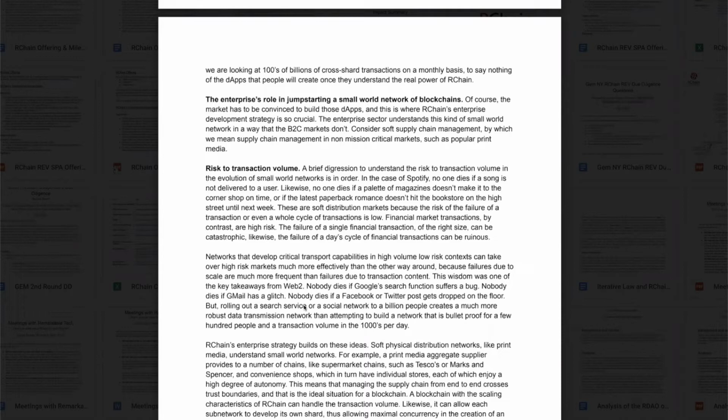So let's unpack that statement. What do I mean by soft supply chain? Softness is a qualitative term to describe the measure of risk to transaction volume. So risk in certain markets with respect to certain transactions is very high, right?